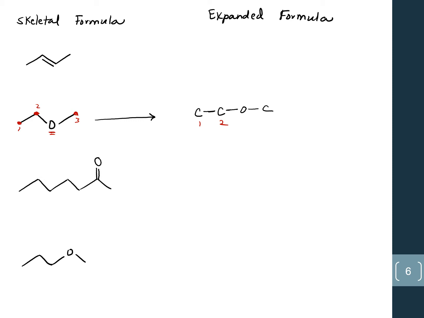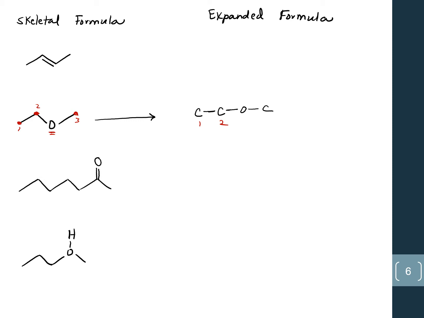If you have something like OH, the hydrogen will be right there bonded to your oxygen in the skeletal formula too. So actually, let me add that here so you get to see it. So now I'm going to complete my hydrogens in the second formula that I have right there.